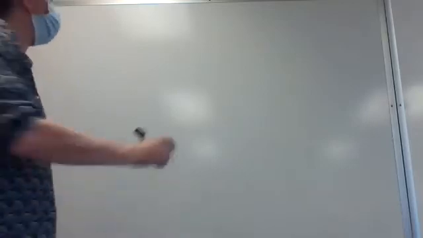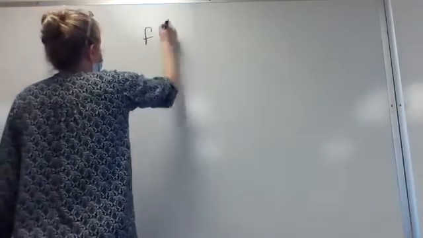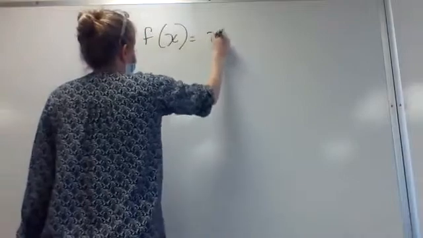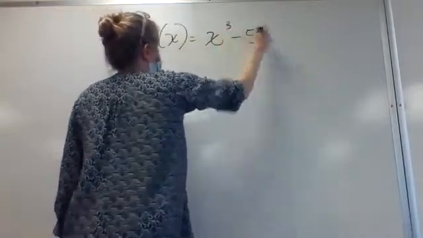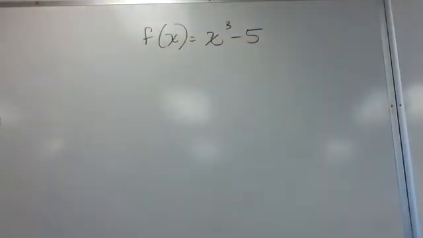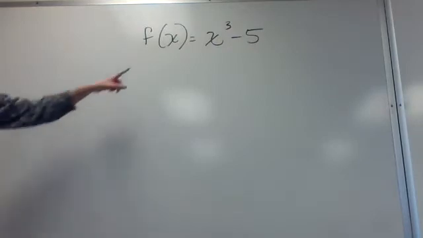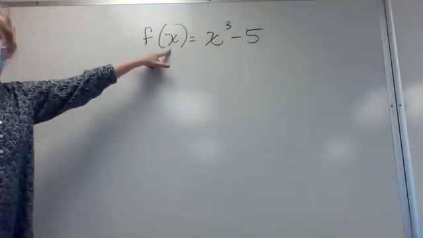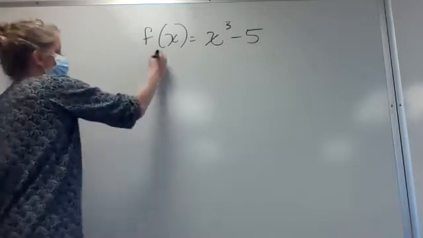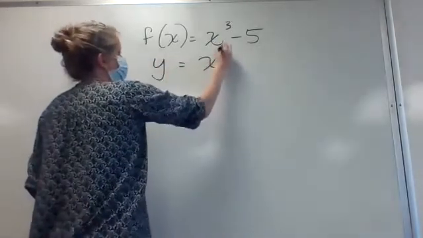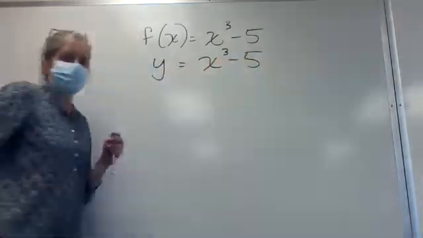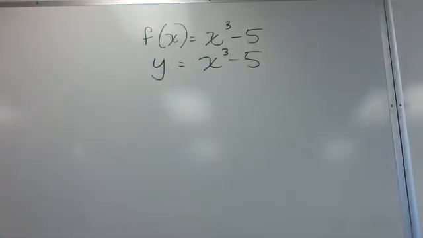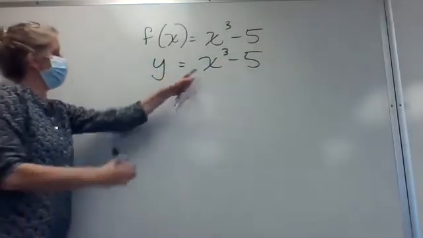Number 10, f of x equals x to the third minus 5. The first two steps are always the same. Change the f of x to y, so y equals x to the third minus 5. Then interchange your x and y.